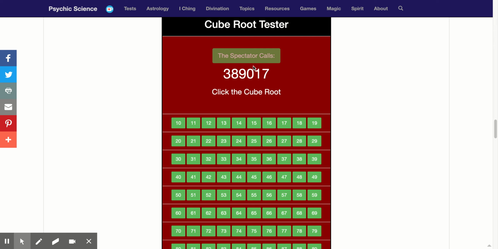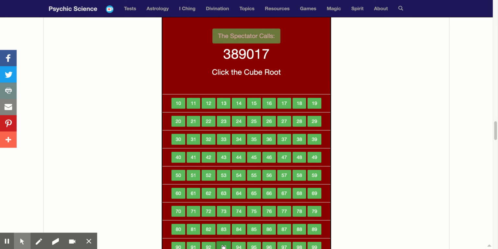You're going to have to find the cube root of 389,017. Now remember, look at the last digit. It's 7. What cube gives me a 7? 3, right? So that means that my ones digit of my answer has to be a 3. So something in this column.